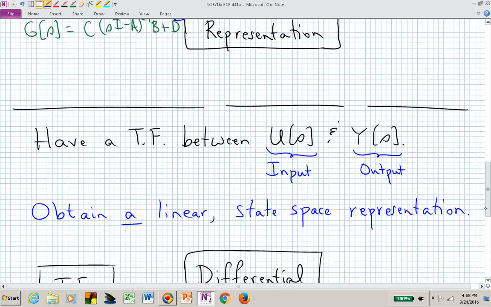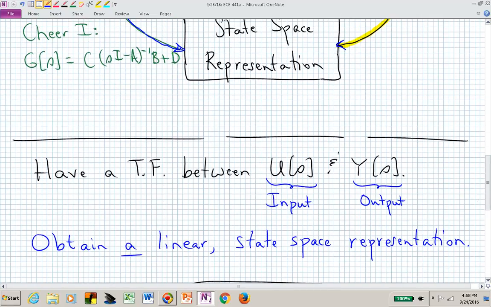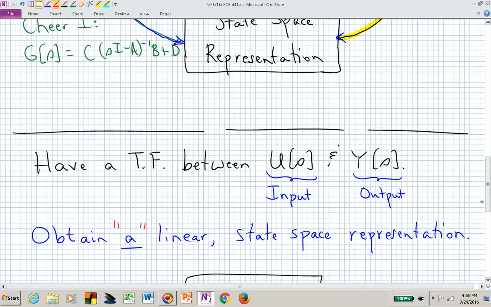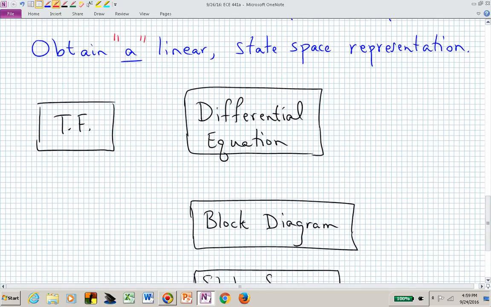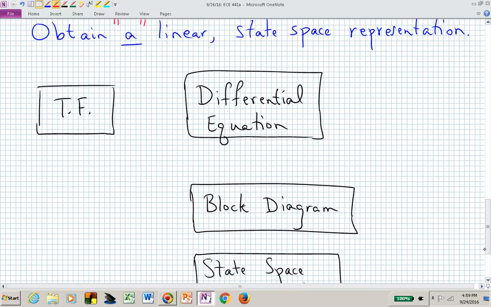And what we want to do is obtain a linear state space representation. And remember that I'm saying a, because state space representations are not unique. That's why there's the A. It's not the linear state space representation.